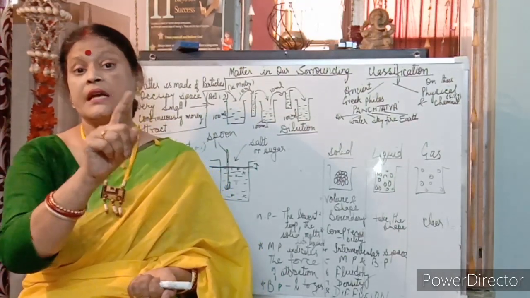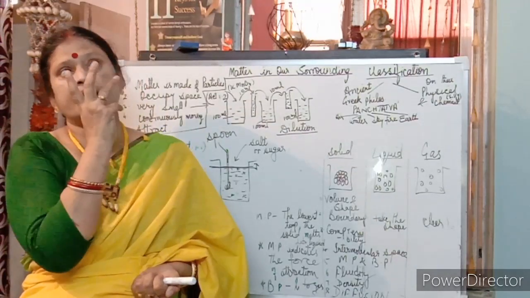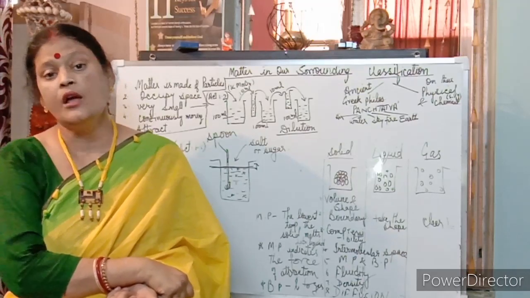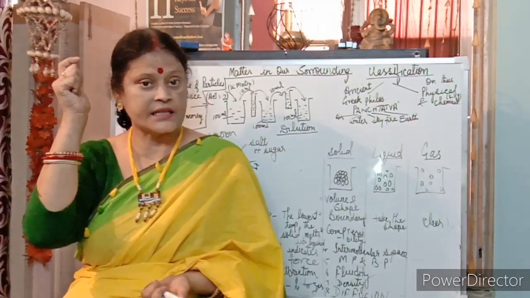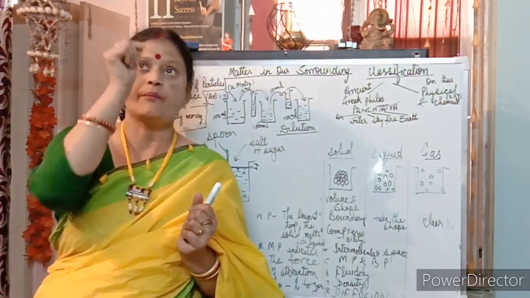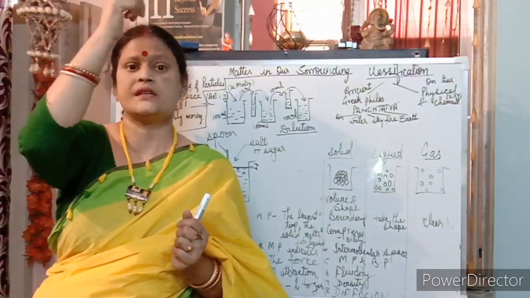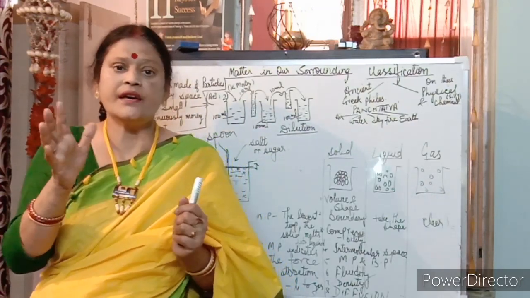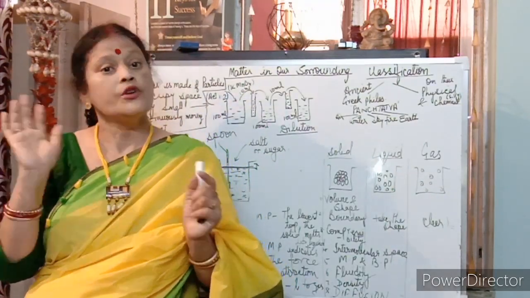The particles of matter are continuously moving. Continuously moving, students. We can't see air, but we can see that particles of air are moving. In a darker room, if a flash of light enters from a slit, what do you see? You can see the dust particles moving. Otherwise, in an open room, you can't see this.